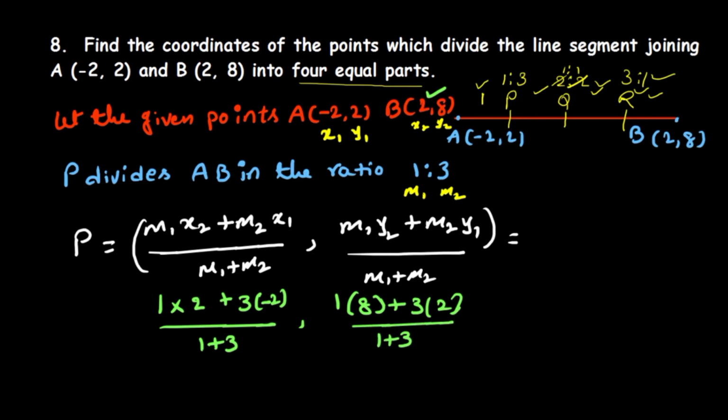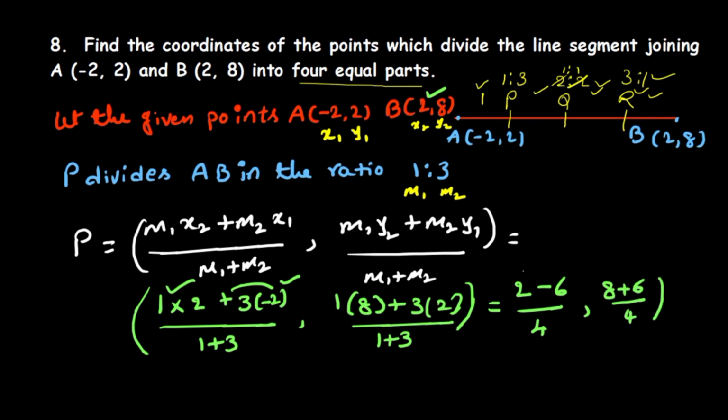So 1 2s are 2, minus 2 3s are 6, by 1 plus 3 is 4, and 1 8s are 8 plus 3 2s are 6, divided by 4.